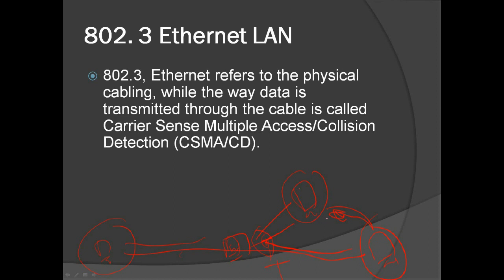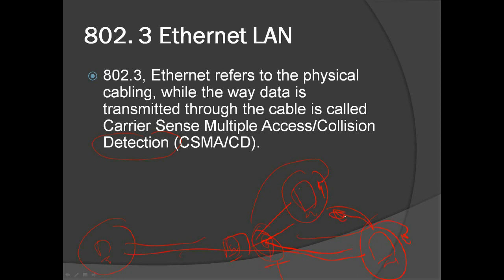So for 802.3 or Ethernet LAN, it uses carrier sense multiple access collision detection. From the word itself, detection: when a collision is detected, the network sends a signal and the data is resubmitted at a random time, not at the same time.